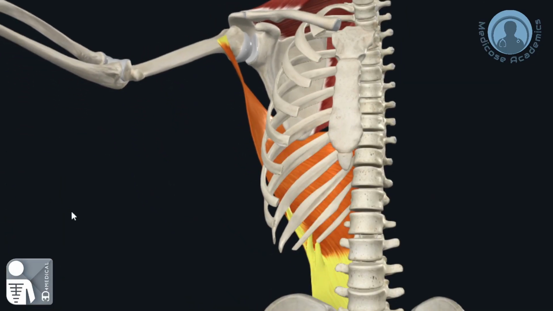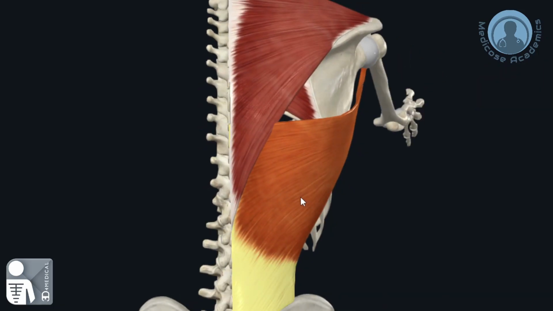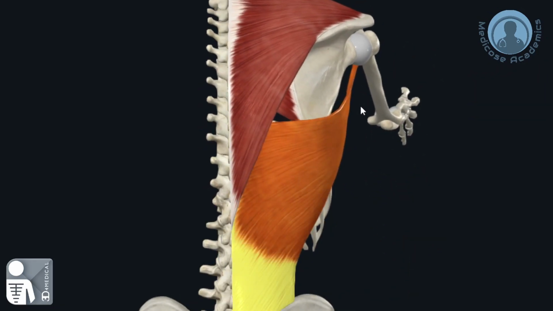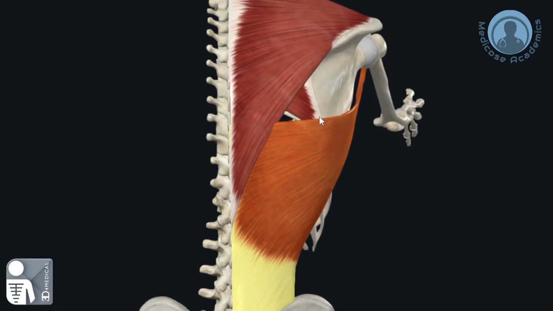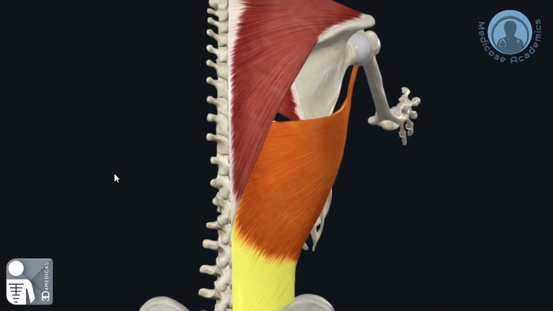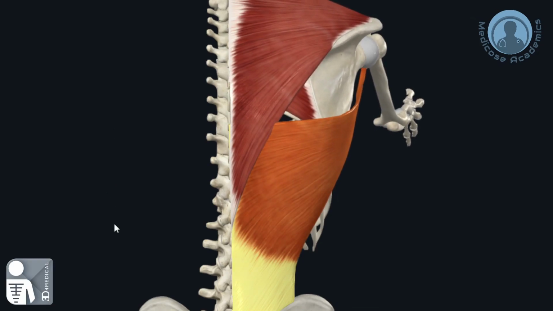Due to its approach from the medial aspect, this muscle is a very powerful adductor of the shoulder joint. As you can see, it can pull the humerus along with the scapula. It acts as the adductor of the scapula as well as the adductor of the shoulder joint.